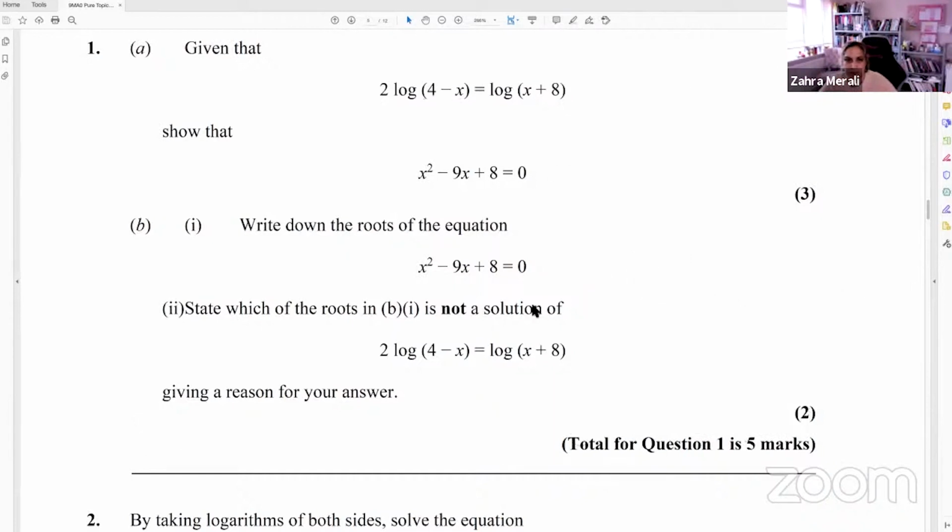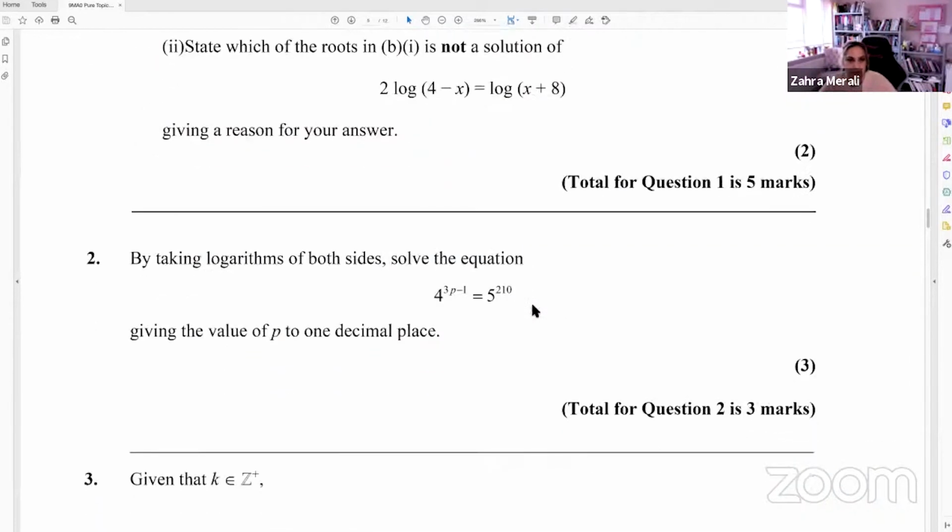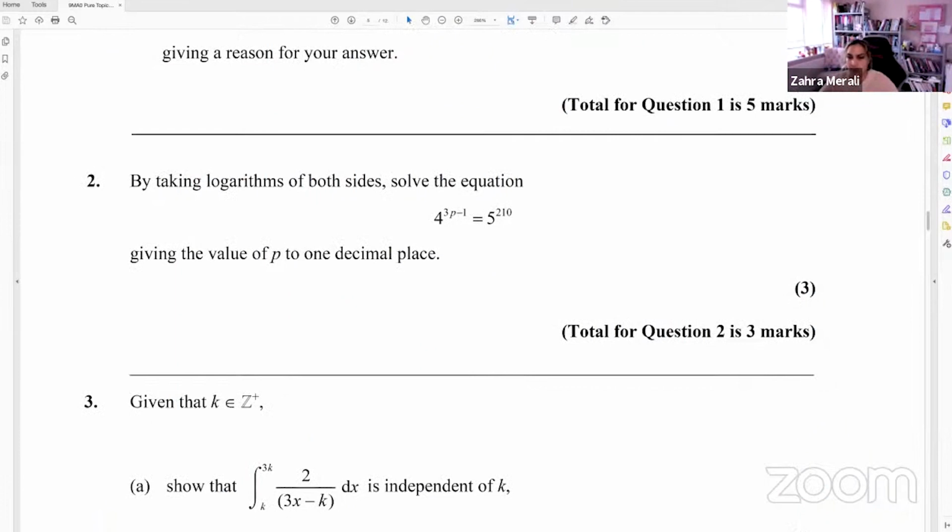All right, next. By taking logs of both sides, solve the equation. So they're hinting you. They're telling you to take logs. Now remember, when you have logs, they're to a base. But if you write log, we either assume it's to the base 10, or you could have ln, which is to the base e. So when I take a log, I'm moving it down.